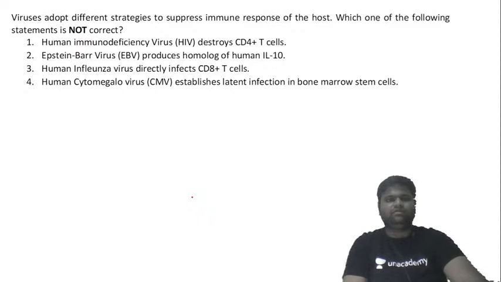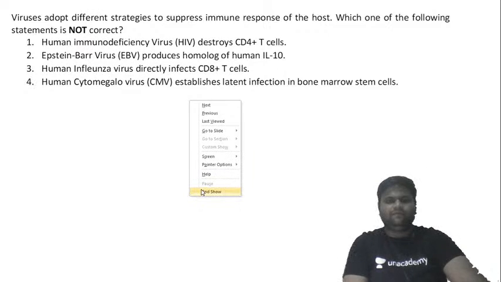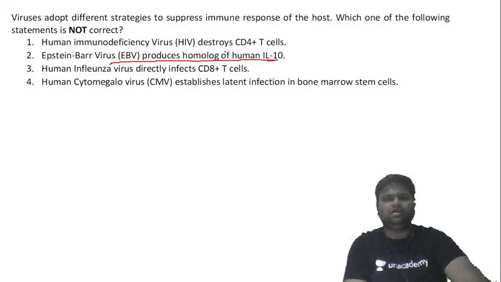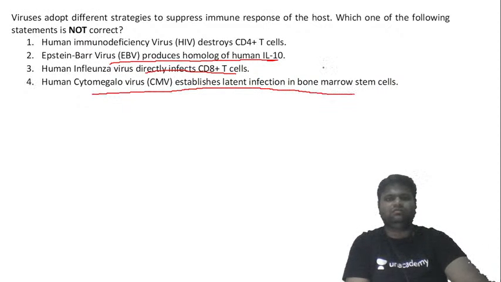Option B says Epstein-Barr virus produces homologue of human IL-10. Option C says human influenza virus directly infects CD8 T cells, and option D says human cytomegalovirus establishes latent infection in bone marrow stem cell.